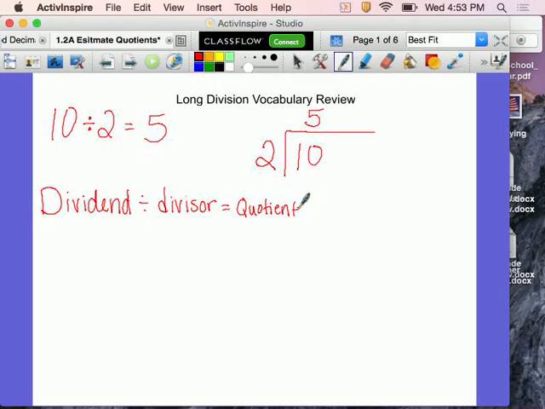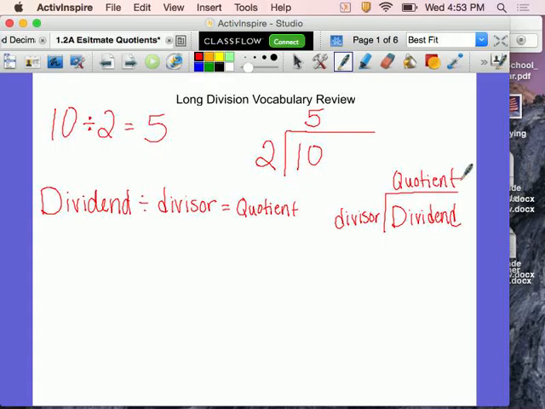The divisor is doing something, so the 2 is how many groups you're making, and the quotient is the answer to the division problem. And then when we write it in our little house style, you've got the dividend inside. The divisor is outside, and the quotient is on top.